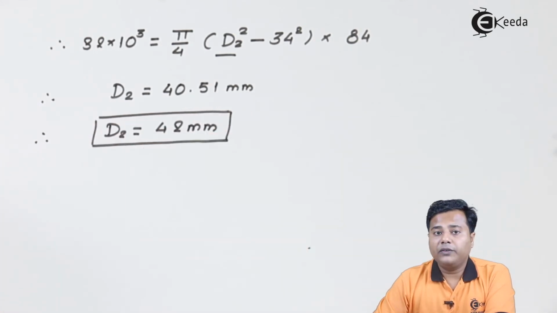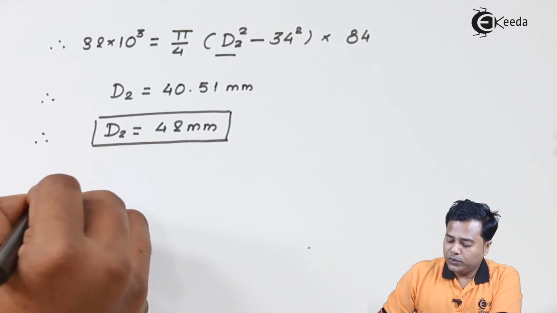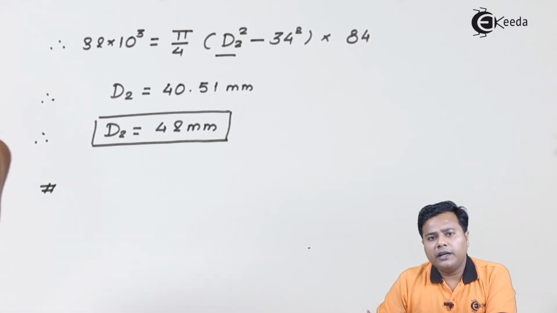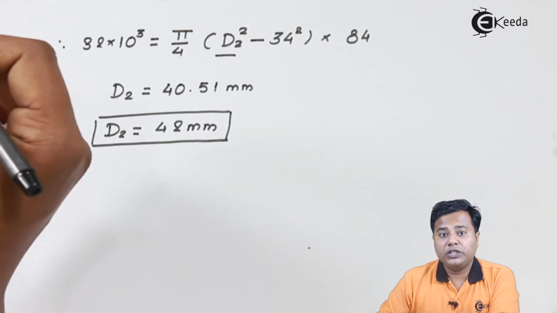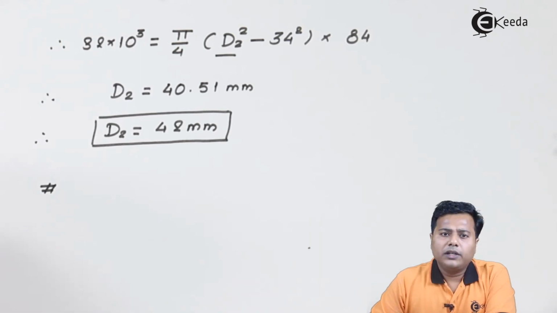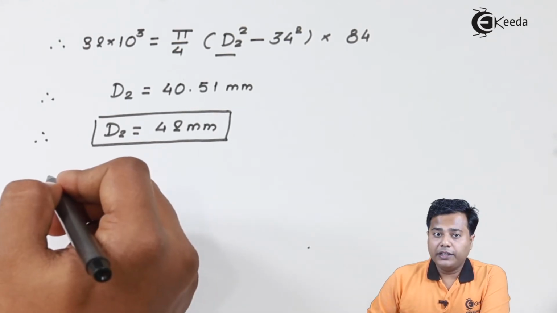The last finding that we are going to look at is the length of the coupler. Whenever length comes into the picture, we go for the consideration of the projected area along the length, which is nothing but the shear failure. So we are going to consider shear failure. Now we are going to use the empirical relation directly.